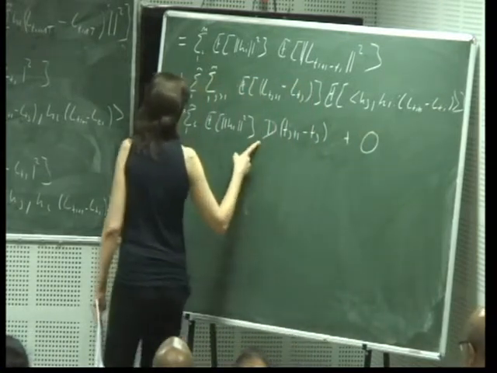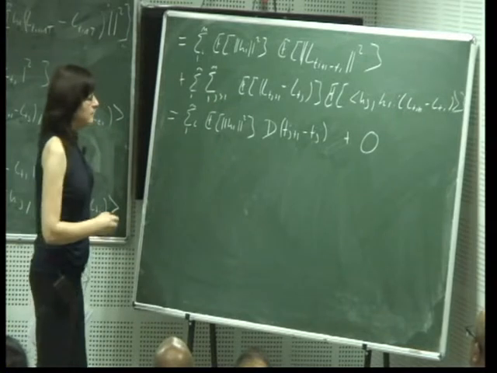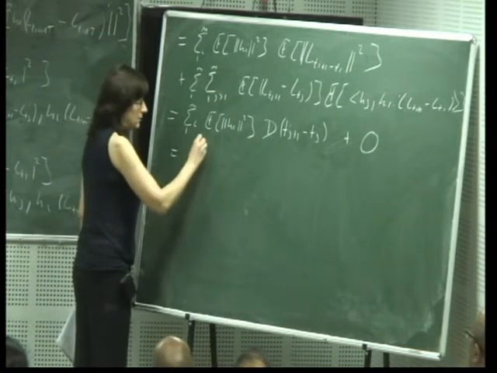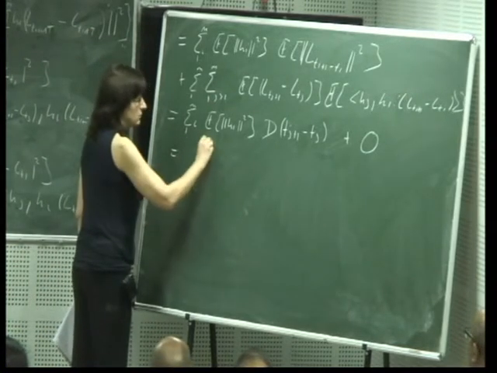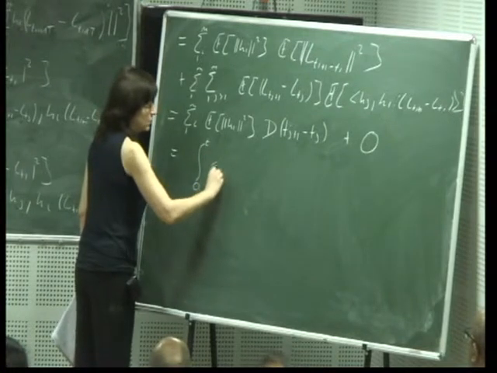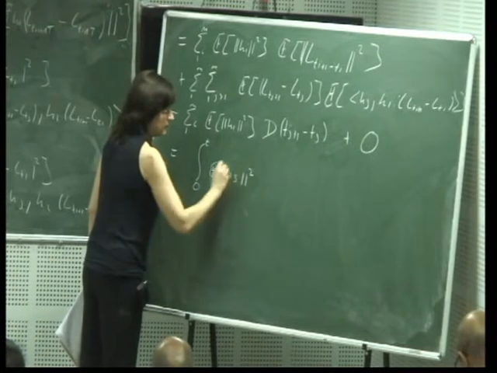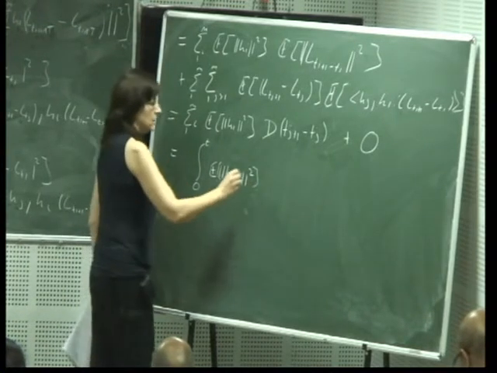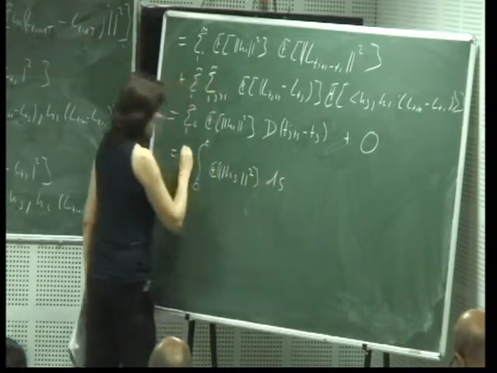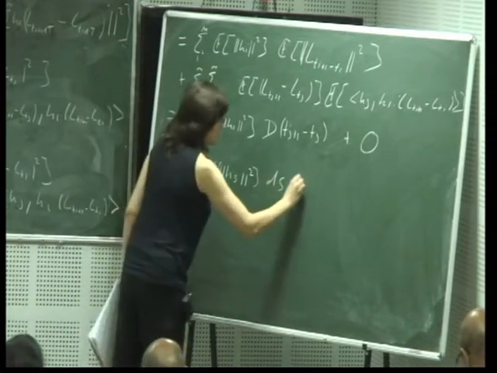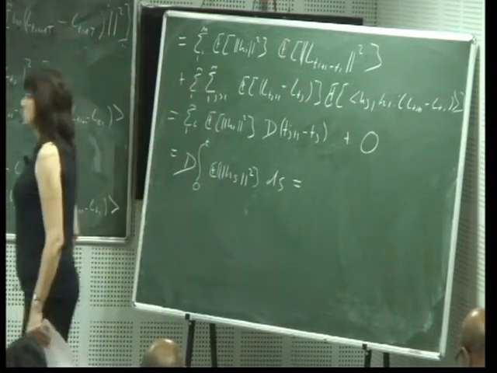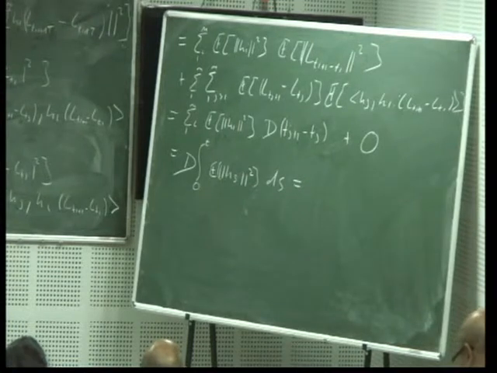And this now is nothing else than the integral from 0 to t of the expectation of the second moment of Hs in ds times d. That is, it is exactly the norm here.